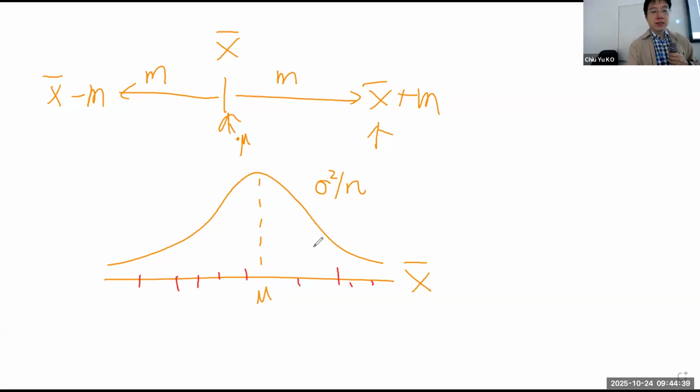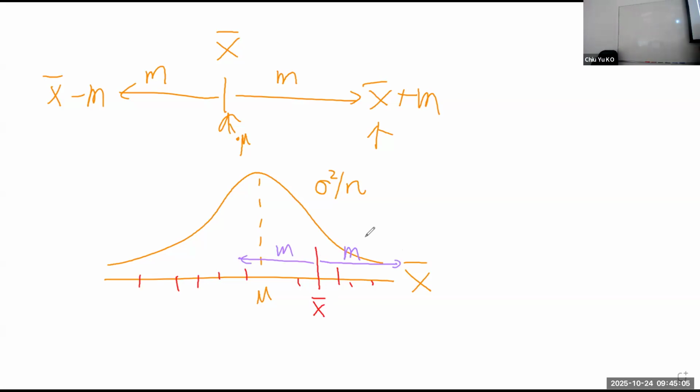But if this happens, the procedure asks us to go left by M and right by M. And in this particular case, if M is this size, this interval will include mu.